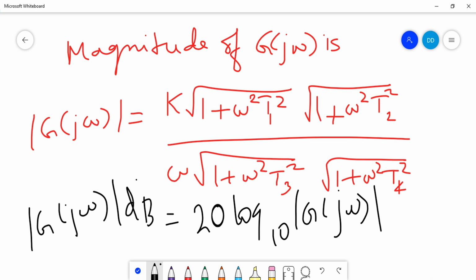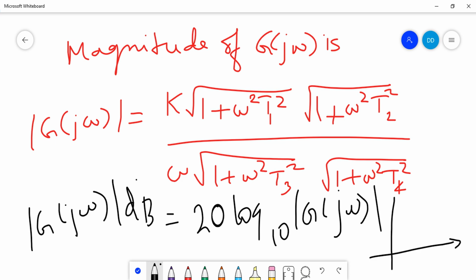This is how we plot the magnitude versus phase angle. So the Bode magnitude plot is the plot of the logarithm of the magnitude of a sinusoidal transfer function G of j omega versus log omega, where omega is the radian frequency. The standard representation will be in decibels.